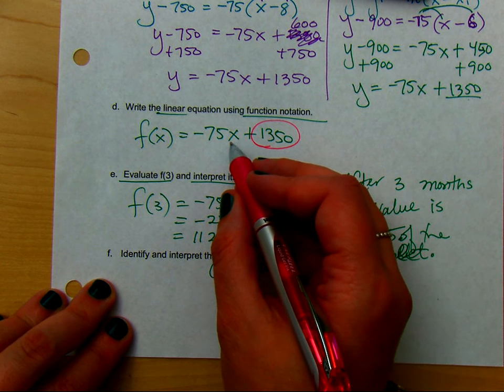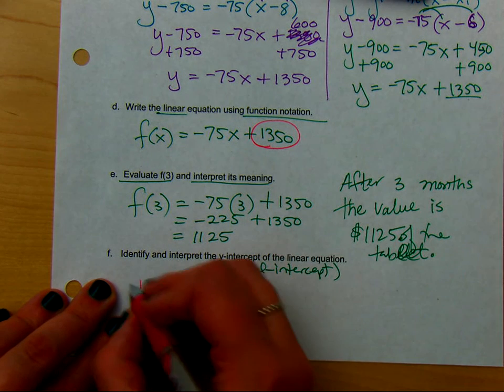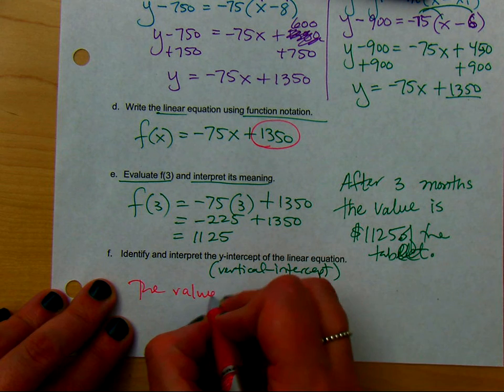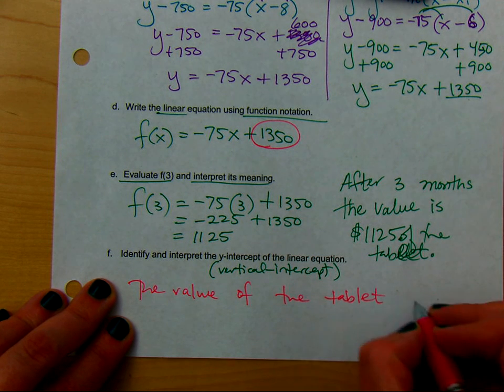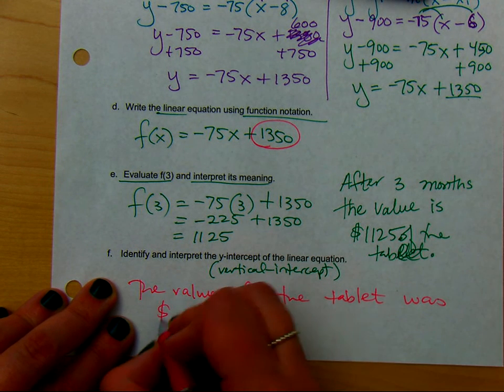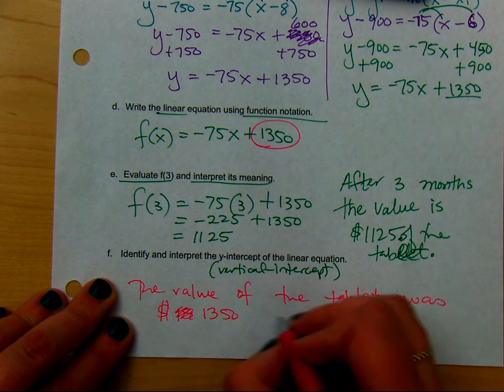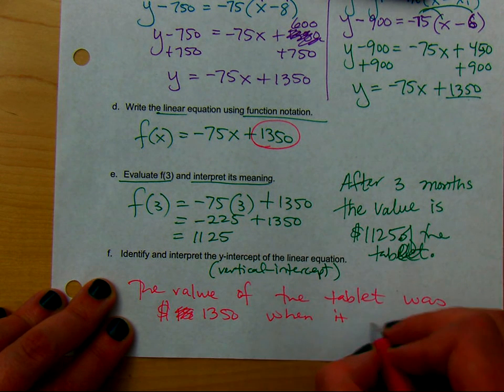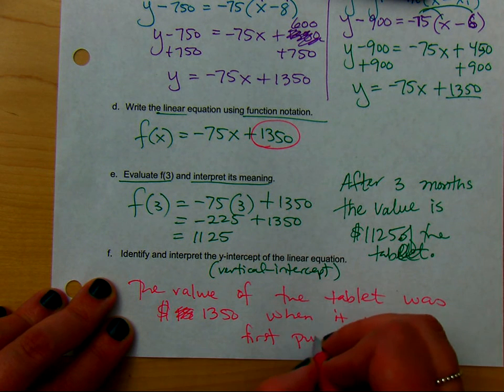That means we just bought the tablet. How much did it cost when we bought it? Yes, the value of the tablet was $1350 when it was first purchased.